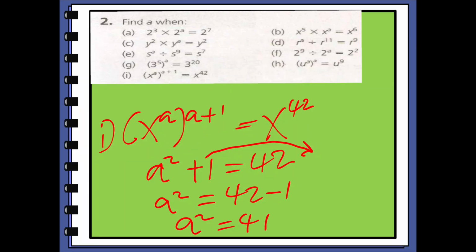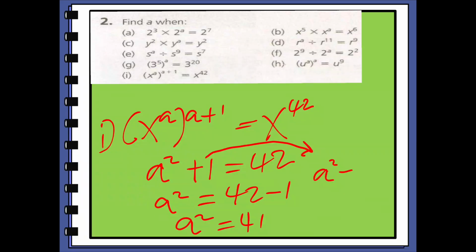41. Now the rule is, if you have got a square number, then you want to find the other side, you put squares even the other side. So to find a squared, since we said that a squared equals 41, okay, let's use this side.